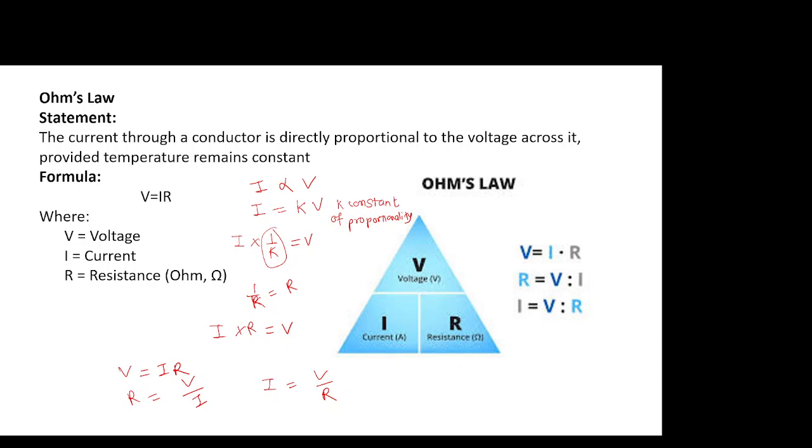It is represented by the capital letter R. It controls the flow of electric current in the circuit, which is why we use a resistor to control the flow of electric current. The unit of resistance is ohm, and it is represented by that symbol. So this is Ohm's law.